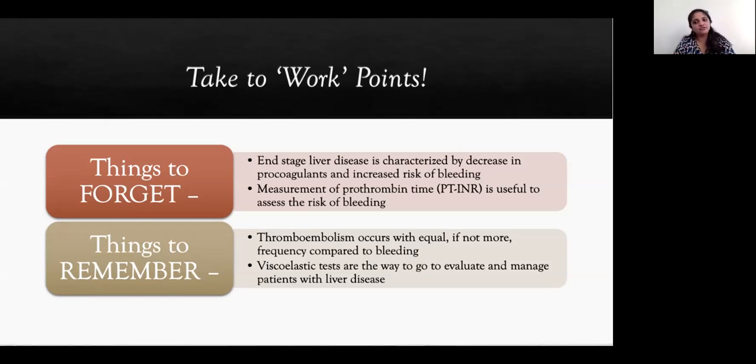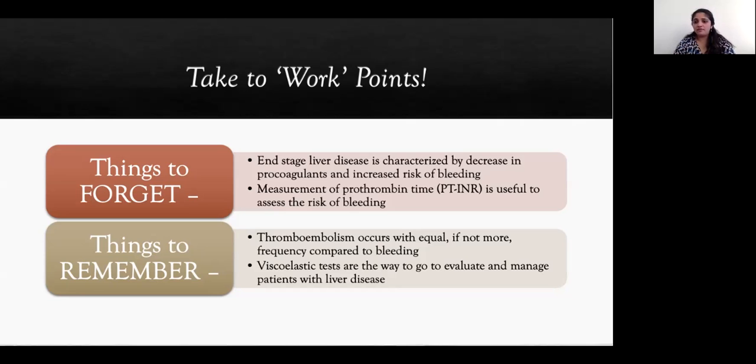I hope I stressed to you that thrombosis occurs equally, if not more frequently, than bleeding. Also, INR, while extremely helpful in telling me how your liver is functioning and the prognosis of your liver, tells me nothing about your risk of bleeding.